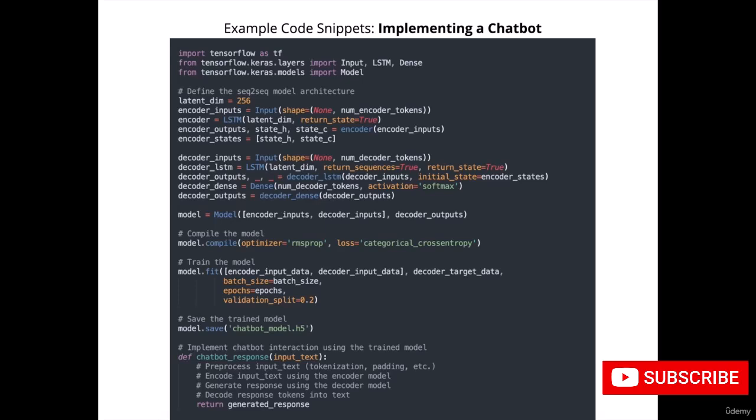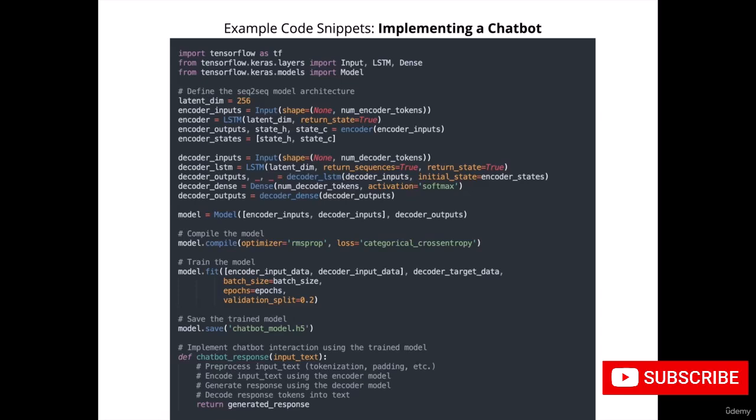So first, let's import TensorFlow. Next, we are importing Input, LSTM, and Dense layers from Keras layers. Then we are importing Model from Keras models. Next, define the sequence to sequence model architecture. We'll create a variable called latent_dim and assign it the value 256. Next is encoder_inputs. We're going to call the Input function and pass it shape of None and num_encoder_tokens.